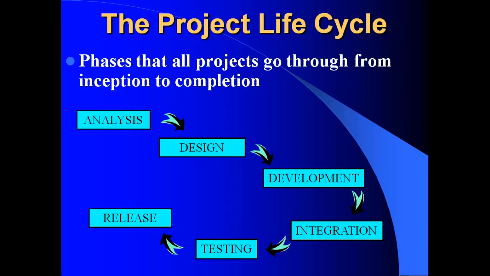The development team will develop according to the designs provided, and once development has been completed by the different team members, those things have to be integrated, the application tested, and then released to the client. This is the entire project life cycle process while developing applications.